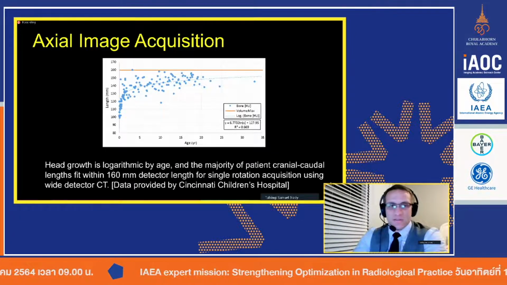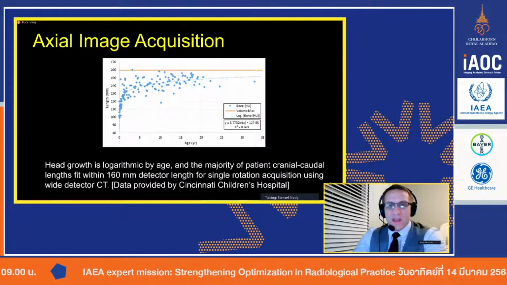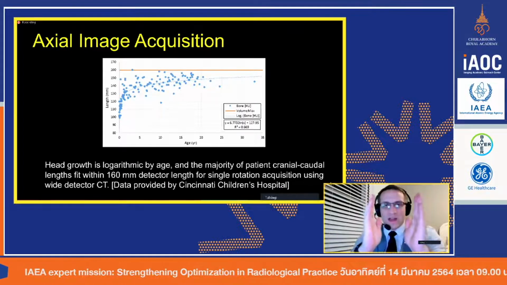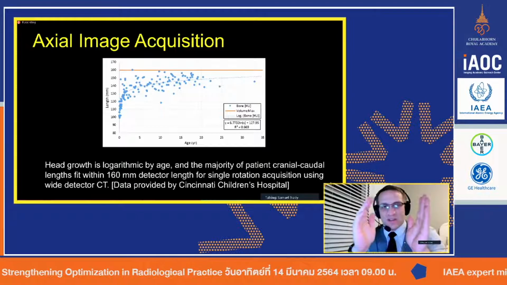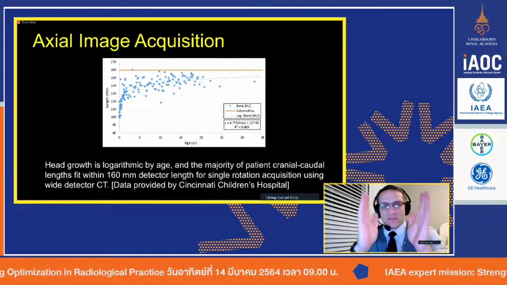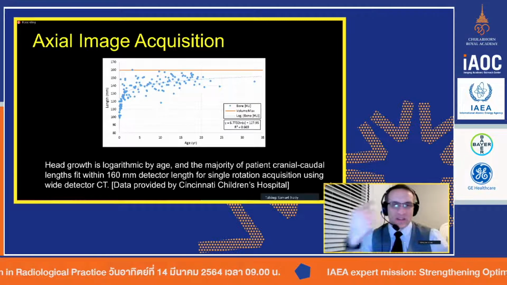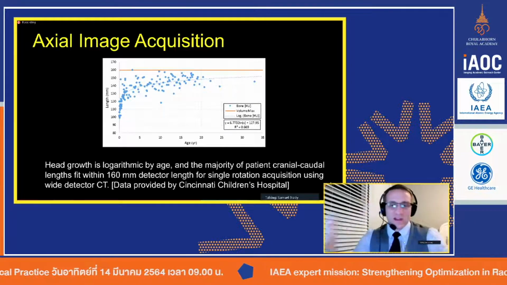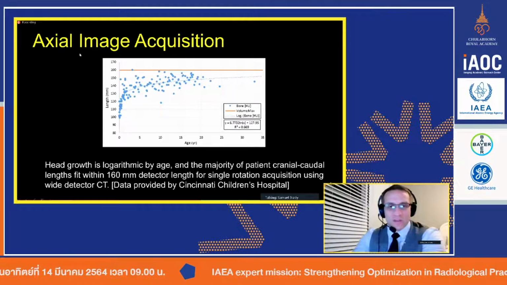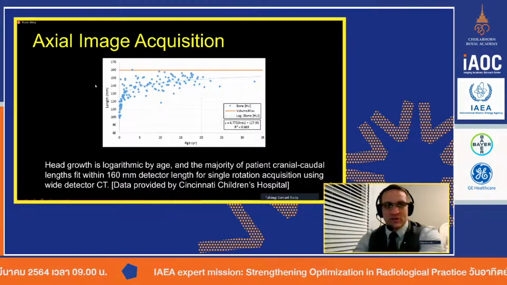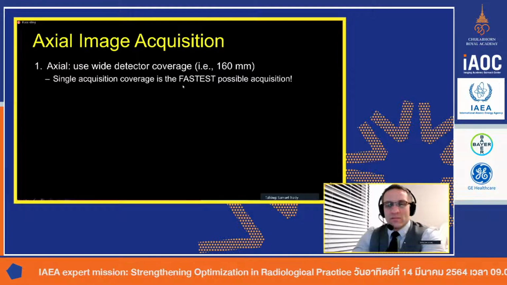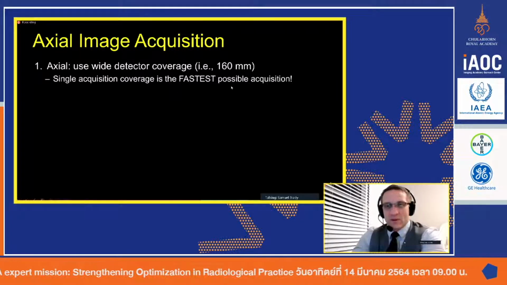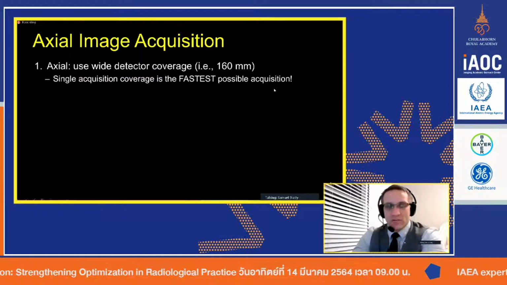160 millimeters. In other words, if you have the wide cone beam CT scanners, such as Canon or GE, in theory, you should be able to set up your field of view so you can do a single rotation and get your entire brain in one acquisition. And this is great because this is, bar none, the fastest way to acquire an image.